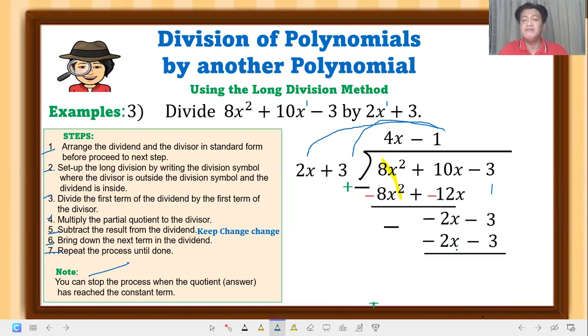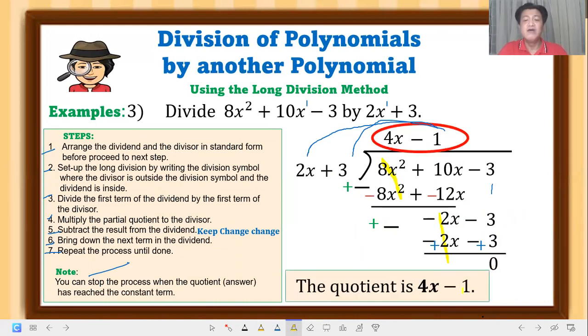And that will become this is. So we have to combine now what is negative 2x plus, ayan, nag-change tayo, no? Plus positive 2x. Meaning to say, this will become 0 na yan. Okay? And what is negative 3 plus positive 3? Diba? Remember? So that is also 0. Okay? Meaning to say, ang remainder natin 0. So, ibig sabihin, ang ating quotient ngayon is 4x minus 1.